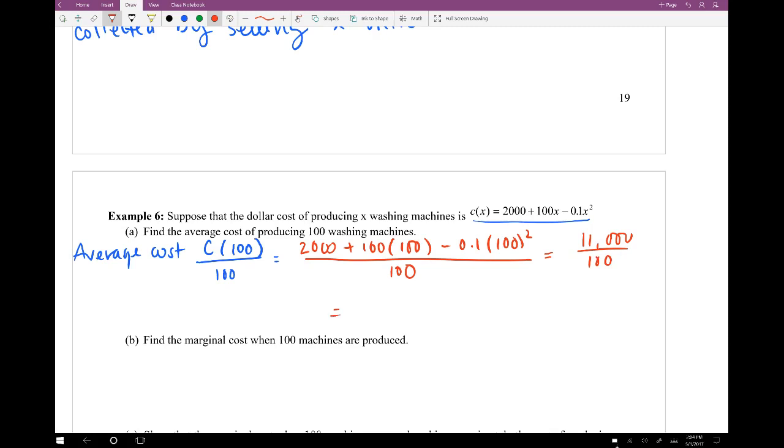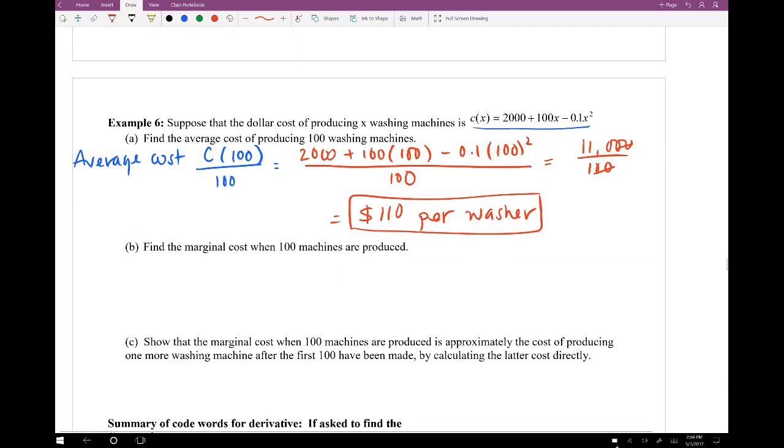So that will give me an answer of, cancel out 2 zeros, so 110. $110 per washer. So the average, meaning how much is it on average to produce each washer if I were to produce 100 of them? Okay. So the average cost is $110 per washer.